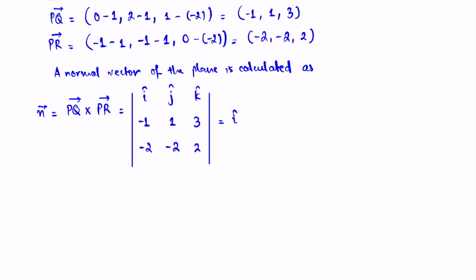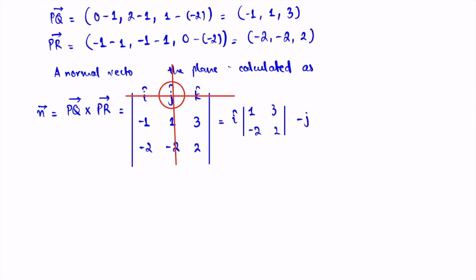Then you start with the first entry, which is i. When you choose i, remember to delete the corresponding column and the corresponding row, and you get the 2 by 2 determinant of the form 1, 3, negative 2, 2. Then you move on to the second entry, which is j hat. When you change the row, you change the sign as well. And remember, you remove the corresponding column and the corresponding row of j.